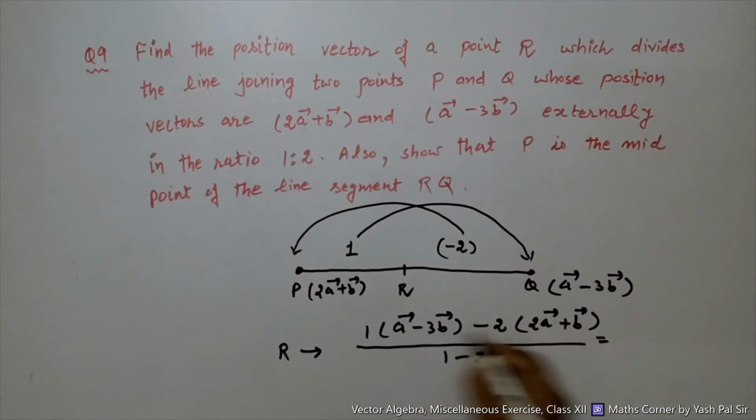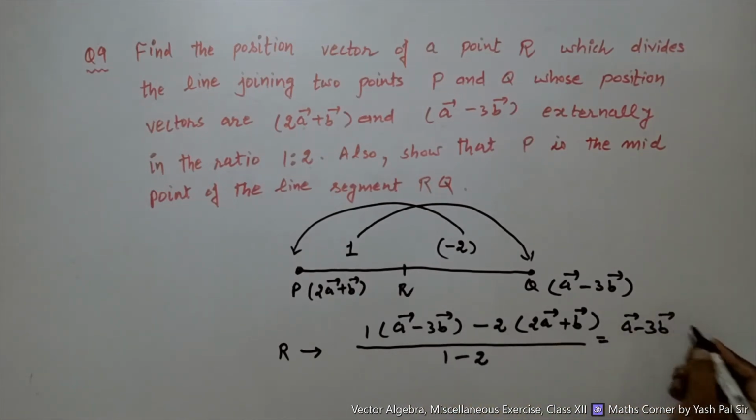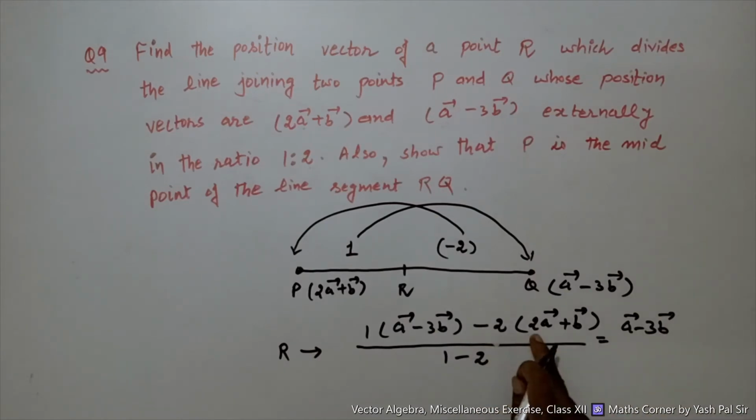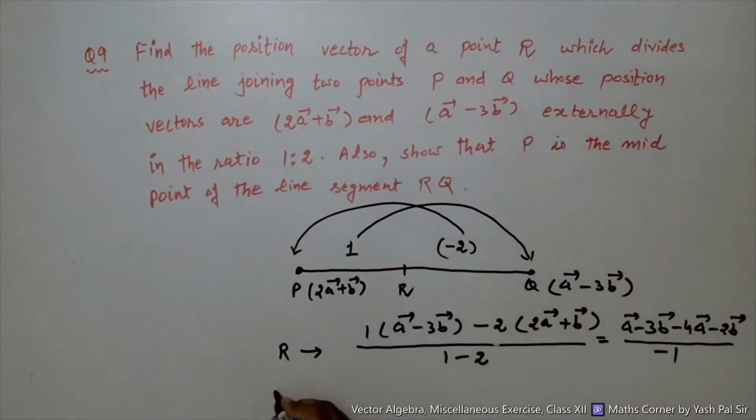So this is equal to A minus 3B minus 4A minus 2B, divided by minus 1.